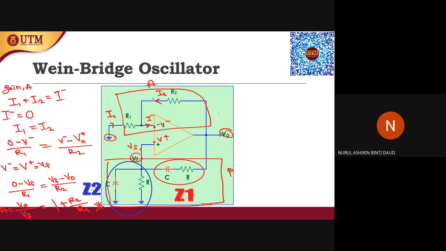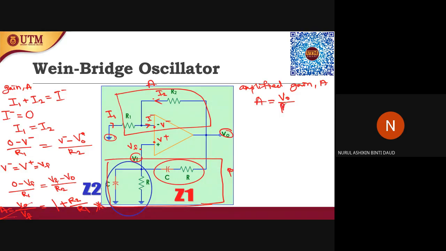So this is the formula for the gain of the A part, the amplified gain. The amplified gain A formula is A equals VO over VF.